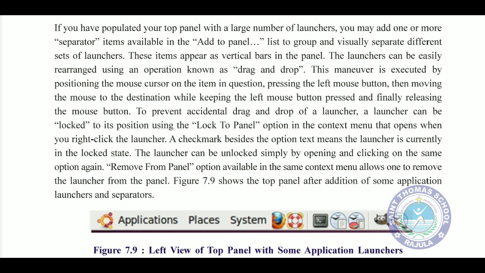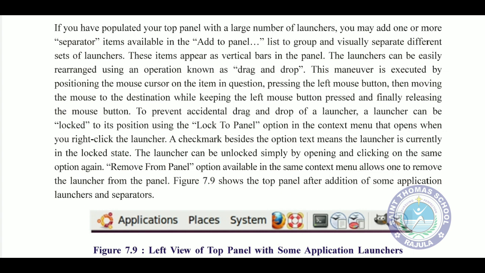Then we can easily change the place of an icon. Suppose you can see Mozilla Firefox is placed as the first icon. If you want to keep Mozilla Firefox at the last, then you can perform this operation with the help of drag and drop. First, put your mouse pointer over the Mozilla Firefox icon.